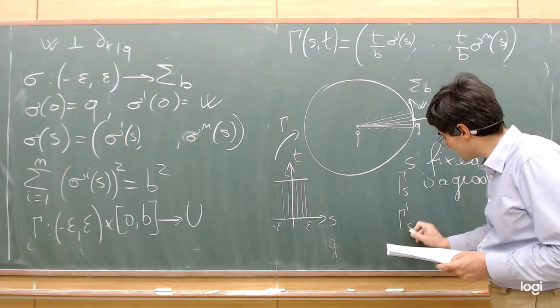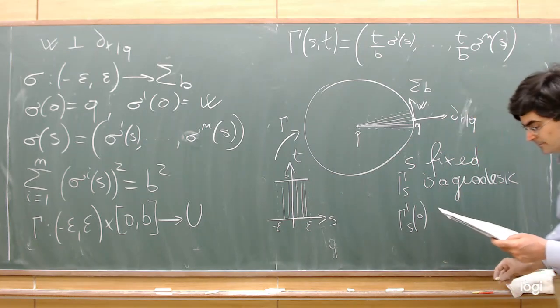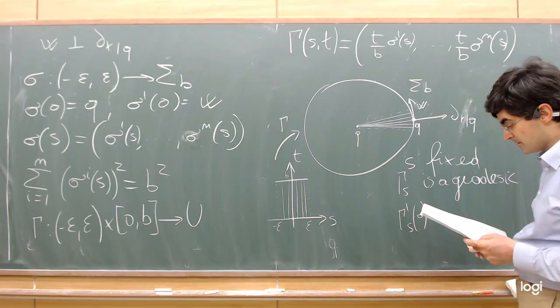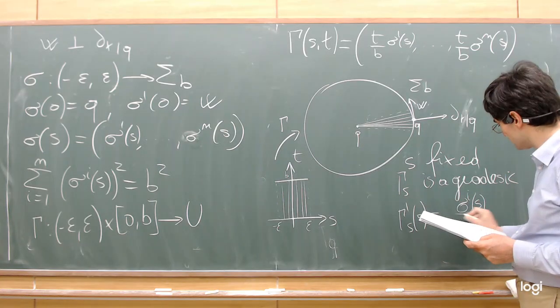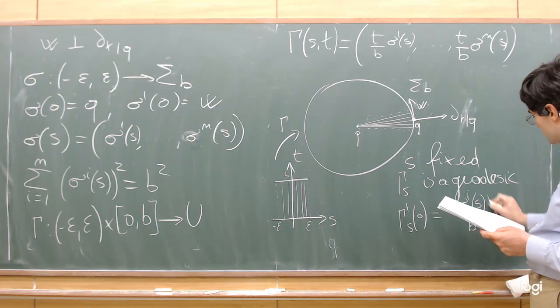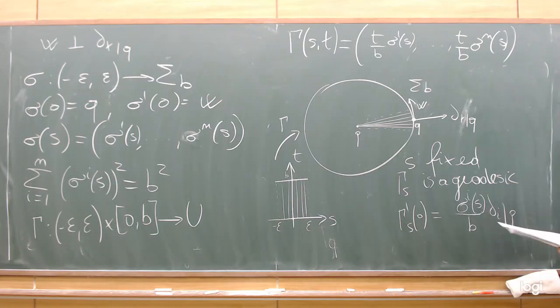With the property that gamma S at 0, this is sigma I S over B times delta I at P. It immediately follows from this formula.